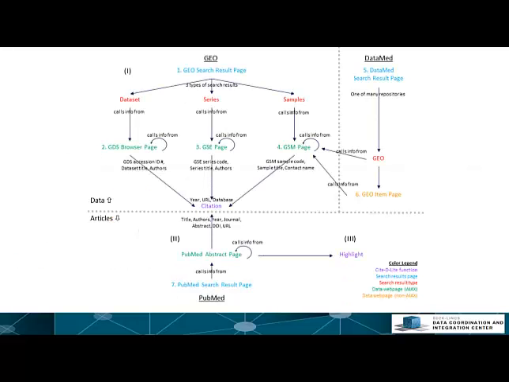So going back to this overview, you can see that there are 10 different types of pages from which we can generate a citation. 8 for GEO, here 1, 2, 3, 4, 5, 6, 7, 8, as well as 2 pages for PubMed articles, 1 and 2. For dataset citations, there are buttons in 2 locations that will generate the same citation for your dataset. One is on your search result page, and one is on the GDS browser page, which is directly associated with each dataset.